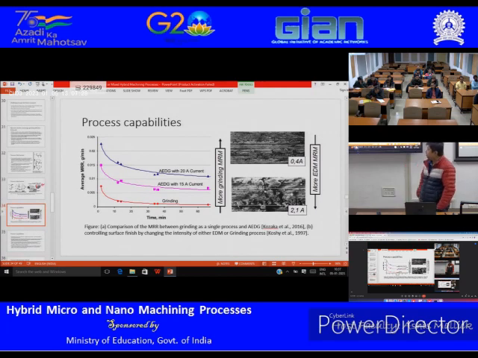Okay, now it looks like the process capability, but what I said, you can control that. I just raised the doubt that the EDM process may not be dominating.